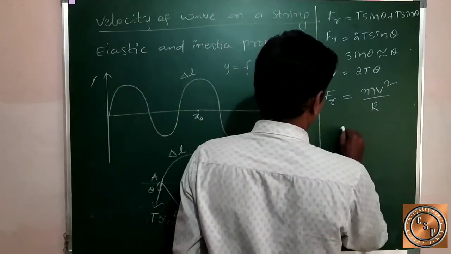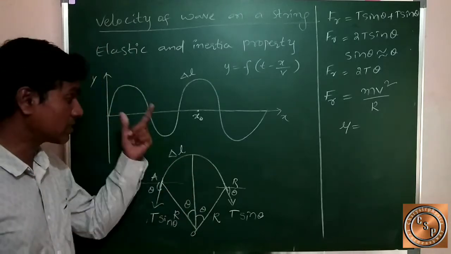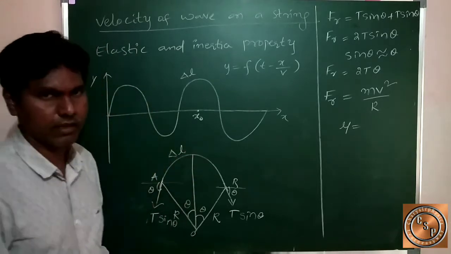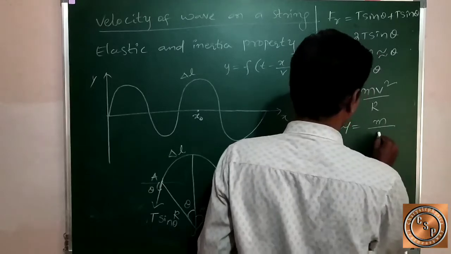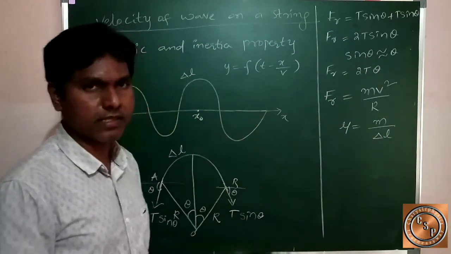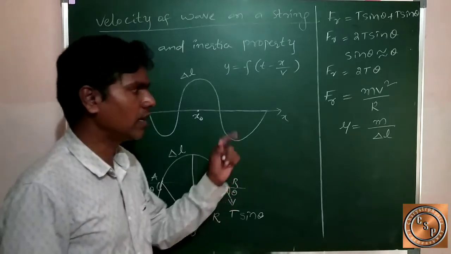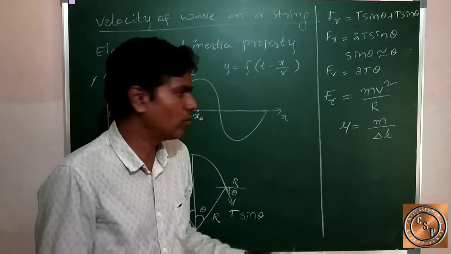But the linear density of this string, mu, is equal to m by delta L, where the element of length is considered delta L. Actually the linear density is measured by mass per unit length, we know that.